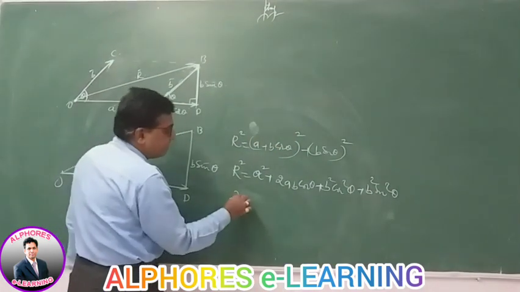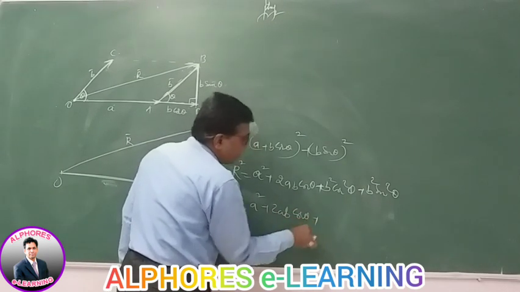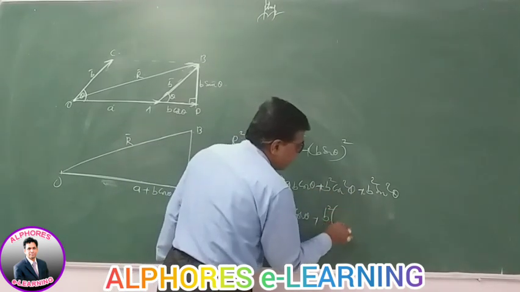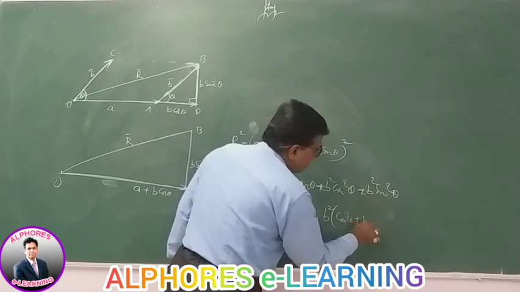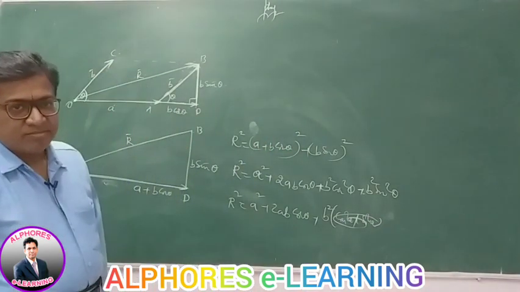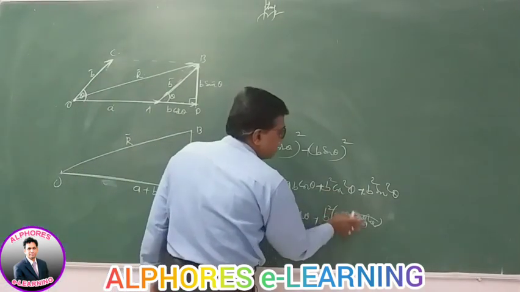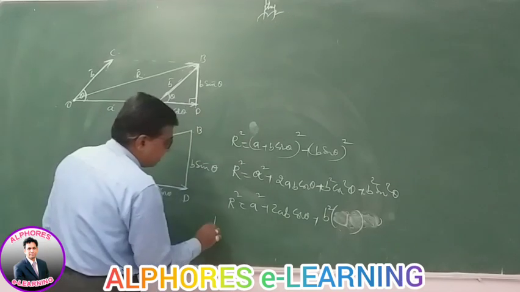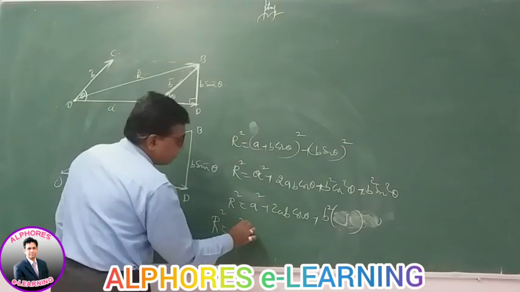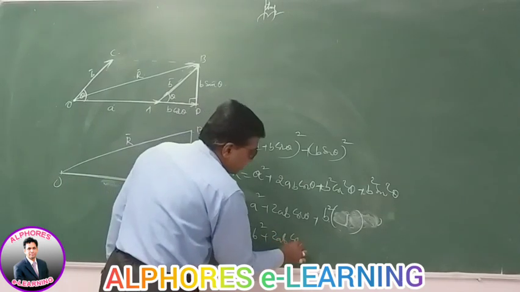Well, R square is equal to A square plus 2AB cos theta plus, from these two take B square common, cos square theta plus sin square theta. This is 1 according to trigonometry. It's a trigonometric identity: sin square plus cos square is 1. So you get R square as A square plus B square plus 2AB cos theta.